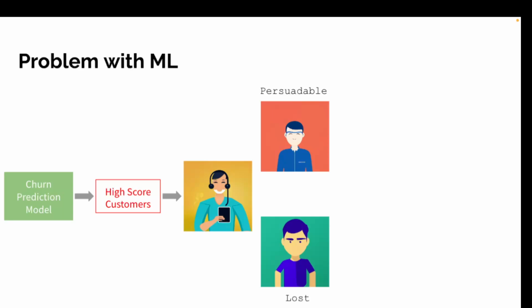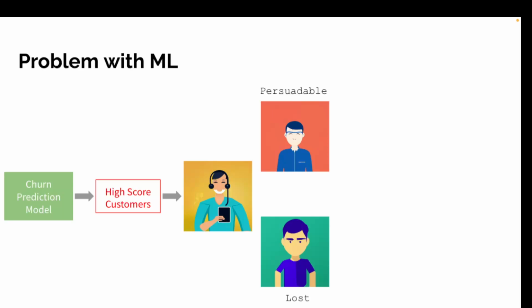Yeah. So, in other words, the problem is that persuadable are labeled with zeros. So what's going to happen is that the new model is going to give them a lower score, right? Because they are zeros. What does this mean? This means that we won't call them, even though they are persuadable.